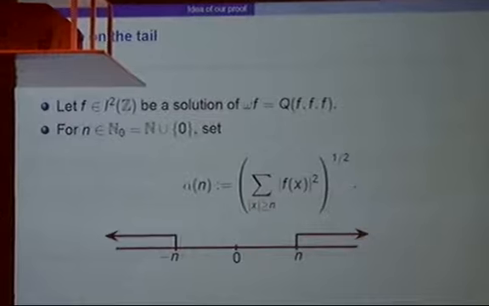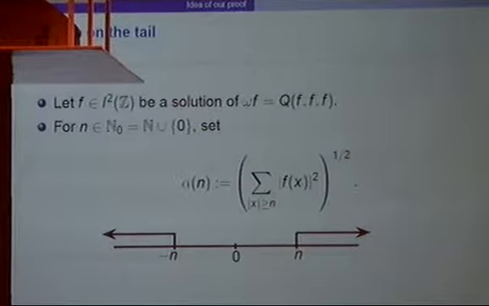And we just concentrate on the tail. So look at this function. For any n, which is a whole number, 0 or natural numbers, define alpha of n, which is the L2 norm of f on the tail. So of course, alpha of 0 is the norm of f itself, right?